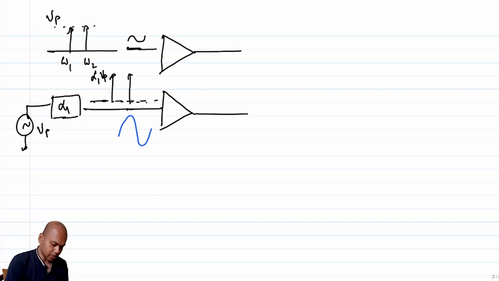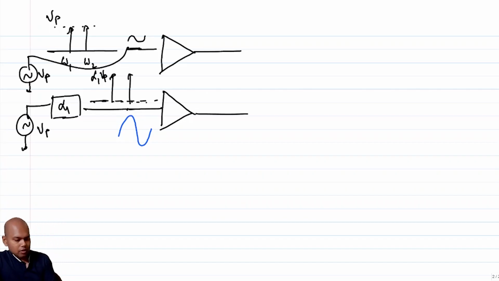That's the key thing to understand. For the same value of input, the second case is going to create stronger distortion tones because the block is experiencing a large swing. Its overdrive is getting modulated and it's generating more and more distortion tones, which naturally means that the larger the gain of this block, the more will be the effect of distortion at the output.